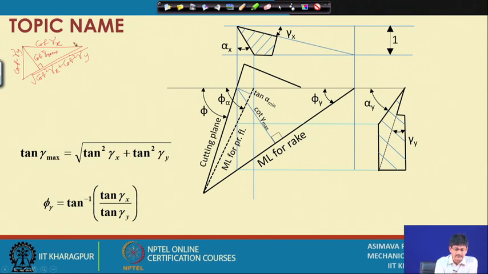We equate the areas of the triangle considered from half the base into altitude, taking this as the base, for example, cot gamma x into cot gamma y being equal to half cot gamma max multiplied by root over of cot square gamma x plus cot square gamma y.